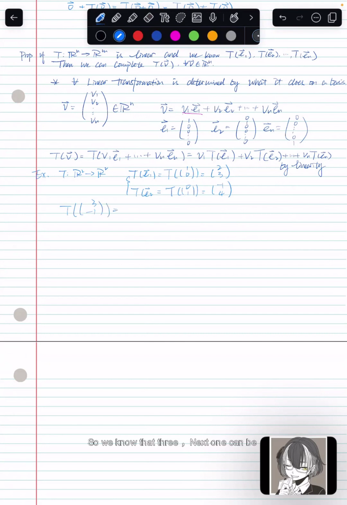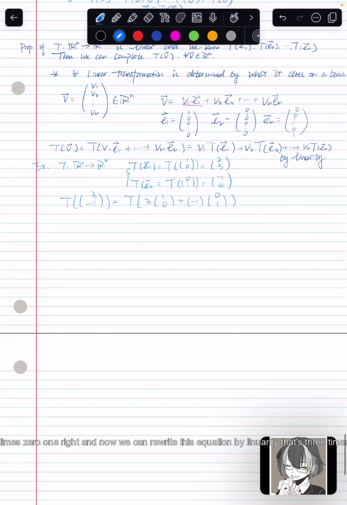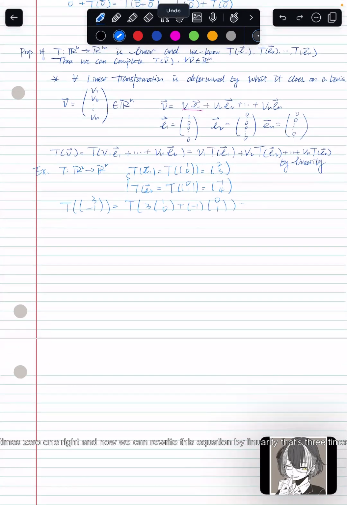So we know that (3, -1) can be written as 3 times (1, 0) plus -1 times (0, 1). And now we can rewrite this equation by linearity. That's 3 times T of (1, 0) minus 1 times T of (0, 1).